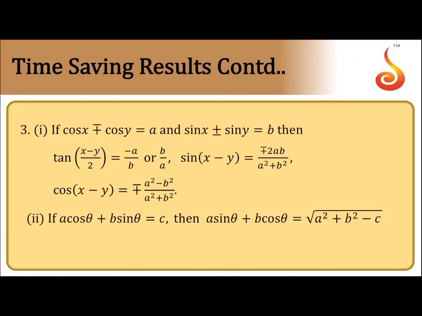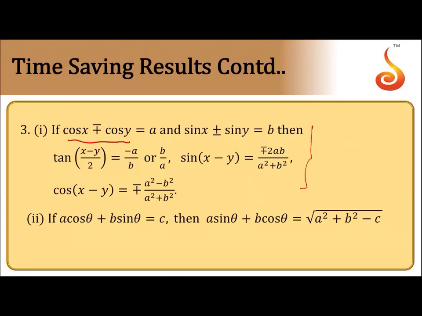This is the formula. Let's consider some more time-saving results. If you could remember it, it's okay, but when the time comes, we can solve them. But if you are able to remember it, you can memorize the formula and use it to simplify.